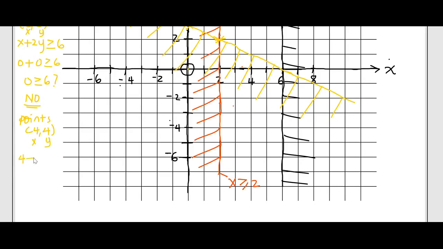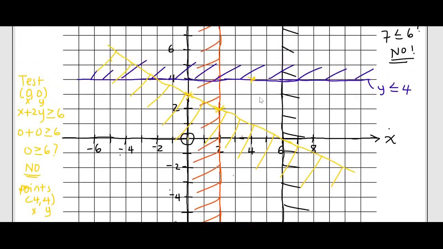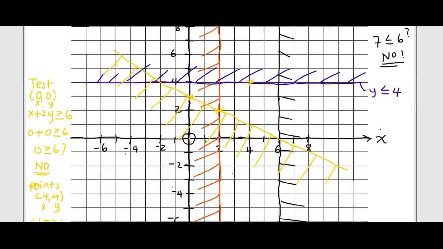So we shall have 4 plus 2 times 4, which is 8, is more than or equal to 6. 4 plus 8 is 12, is more than or equal to 6. Then you ask yourself, is 12 more than or equal to 6? Yes. 12 is more than 6. And therefore, since we picked a point from this other side of the inequality, this side is true. It satisfies the inequality. So this is the representation of that question.